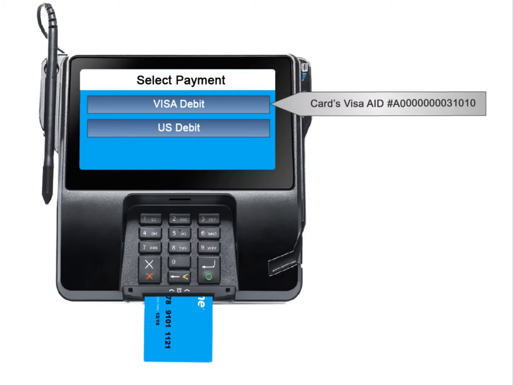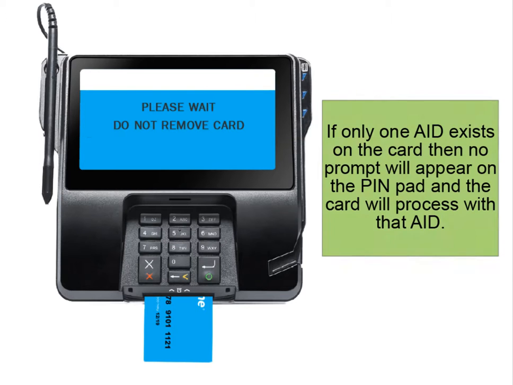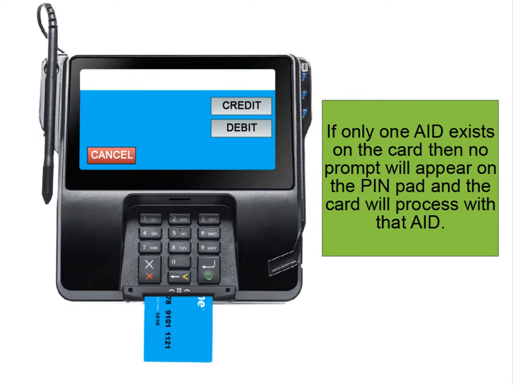And if the customer selects US Debit, then the terminal will process the card using AID number ending in 9800840. In the event only one AID exists, then no prompt will appear on the PIN pad and the card will process with that AID.